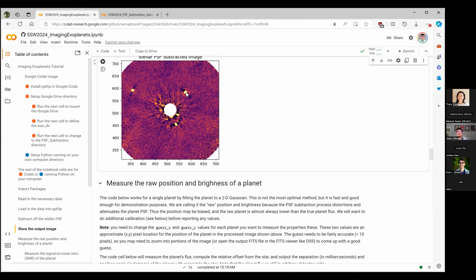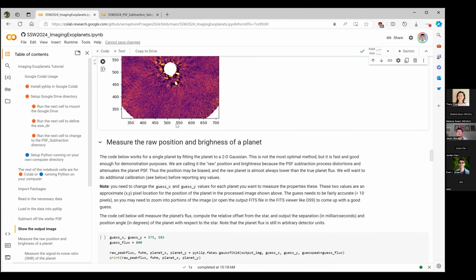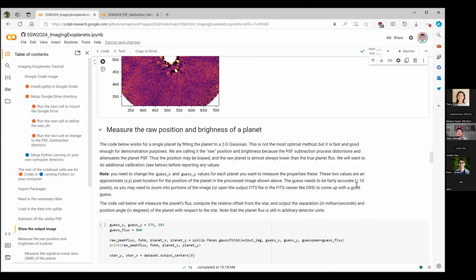This is using some matplotlib, changing axis ranges to figure out where exactly this planet is. Because at this large of a zoom away from the star, it's really hard to accurately read off the planet's position, and you'll need the planet's position to within less than 10 pixels in order for the planet's position and brightness to be measured correctly. Like I said, this notebook is designed to be run all the way through without having to change anything.